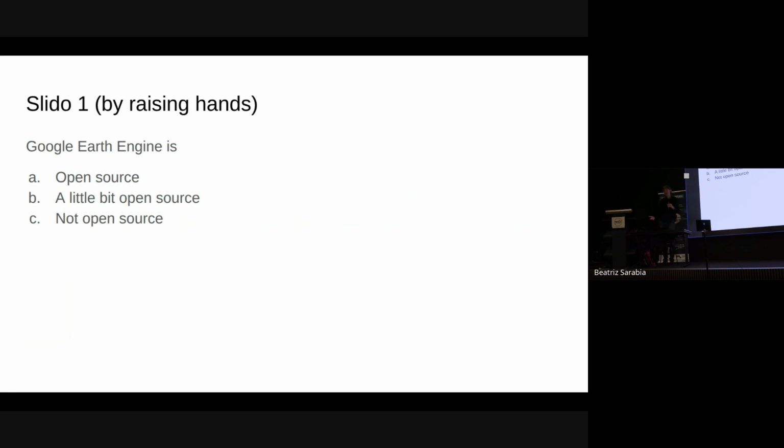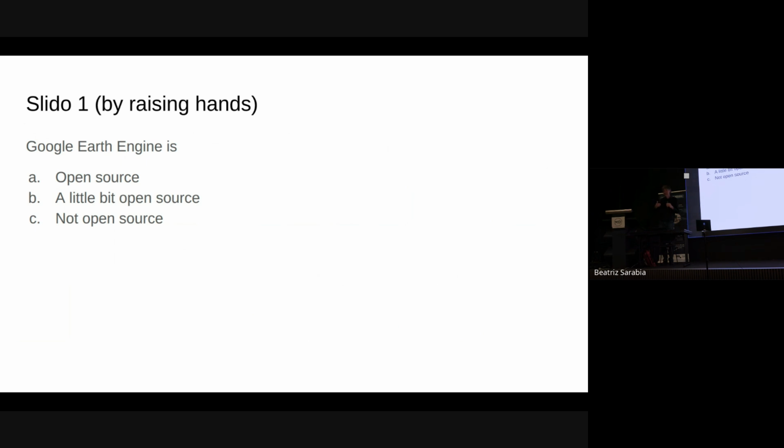I would argue it's not open source, because any Google Earth Engine function you call, ee.something, is a function call that actually does something, and the function that it calls, you cannot read the source code of. There might be a misconception that because you're writing a script and you can share it, that makes it open source, because you're exchanging source code.